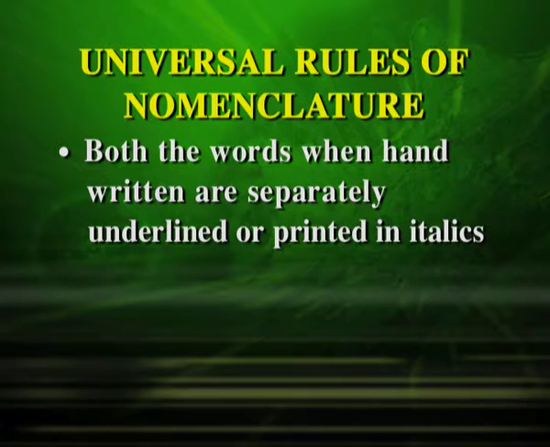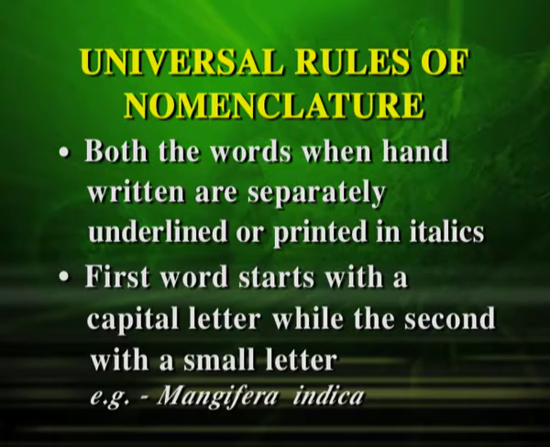Both the words, when handwritten, are separately underlined, or printed in italics. The first word starts with a capital letter while the second with a small letter. Example, Mangifera indica, wherein Mangifera is the genus and indica is the species.